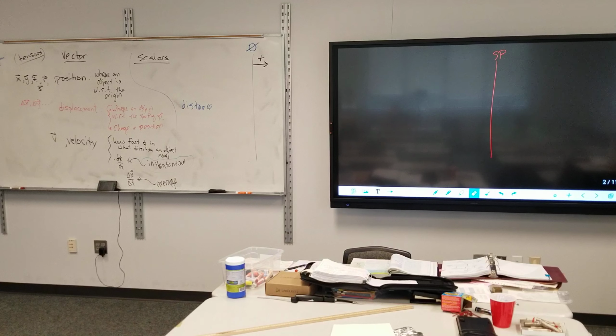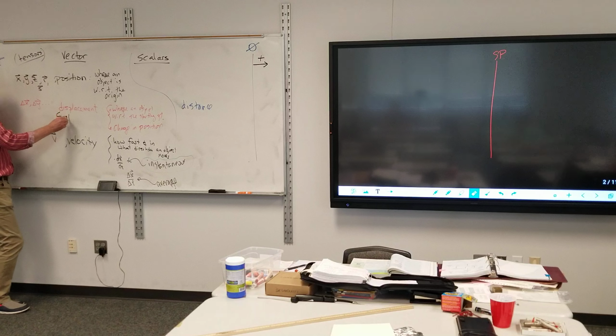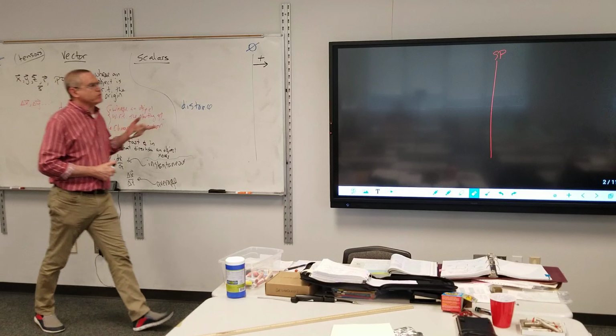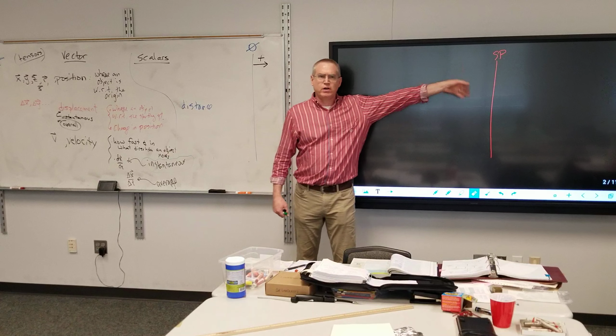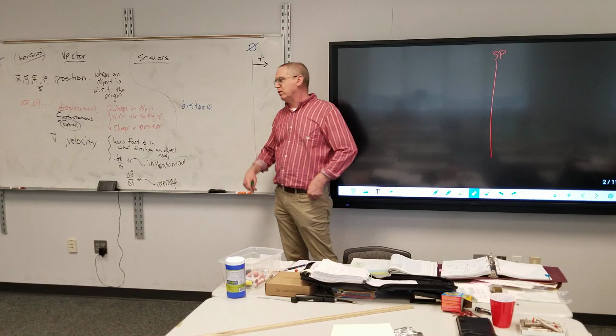Displacement, we can also look at at two different points. We can talk about the displacement in terms of the instantaneous, or overall. And the default is overall. So in this exercise where I said, what is my displacement, I was talking about from my starting point, not from where I was a moment earlier.